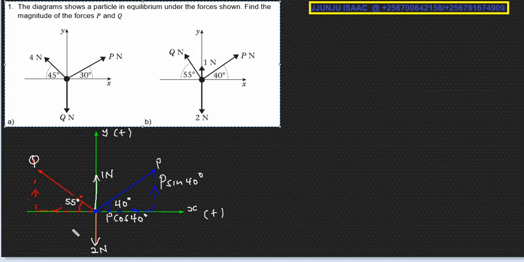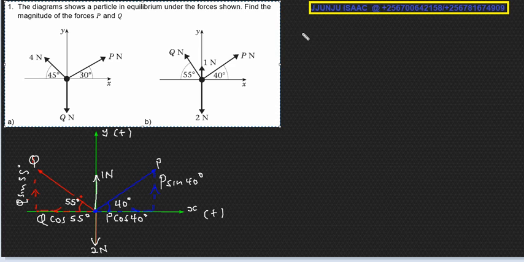So this is going to be Q sine 55 degrees. And now here we move to the left, and this left is going to be Q cos 55 degrees.